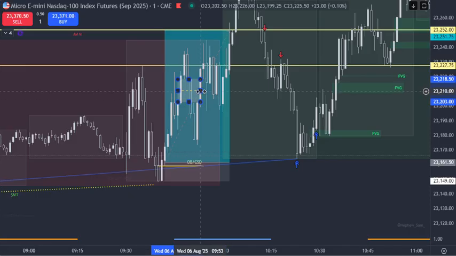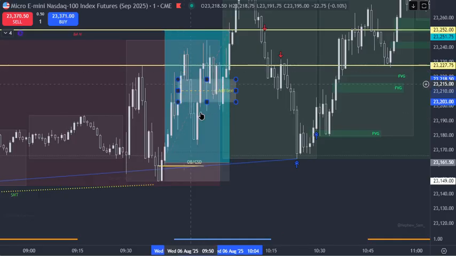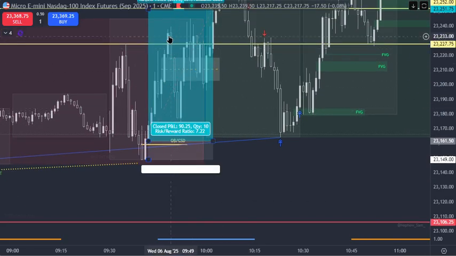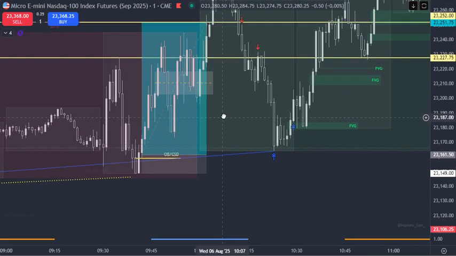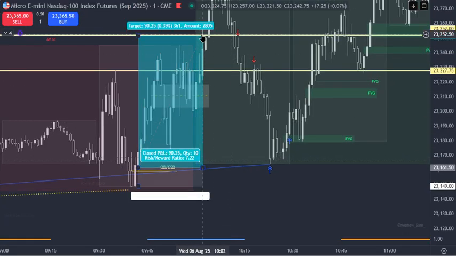So I would have wanted to see this fair value gap. My runners would have been somewhere down here. My first take profit would have been hit, and then my runners probably would have been stopped out right here when you see this retracement. But everybody trades different. Some people just go break even, and their final TP would have got hit.